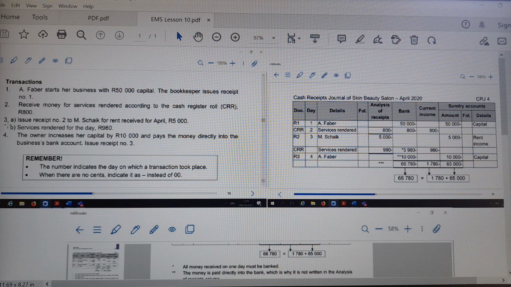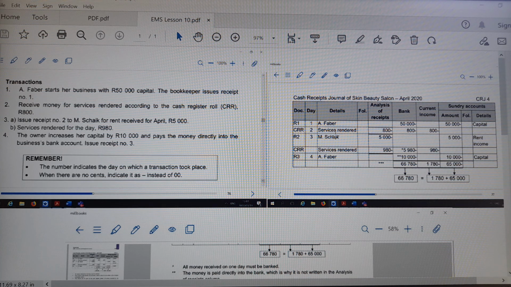Now, transaction number 3A is receipt number 2. You see that? Receipt number 2, and we have day number 3, and we got the money from MSCAC, and then it is cash. Any income is cash.